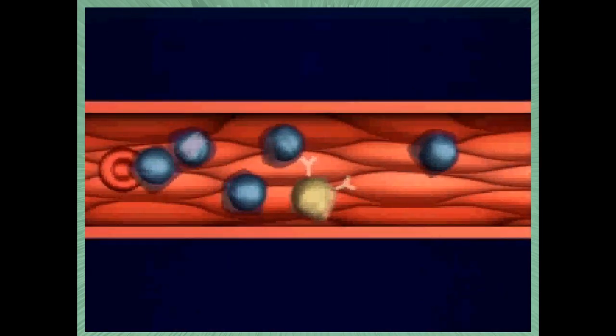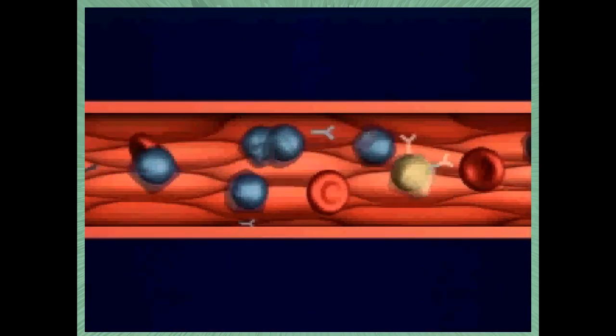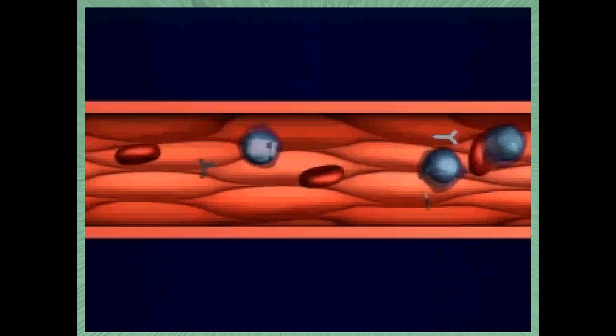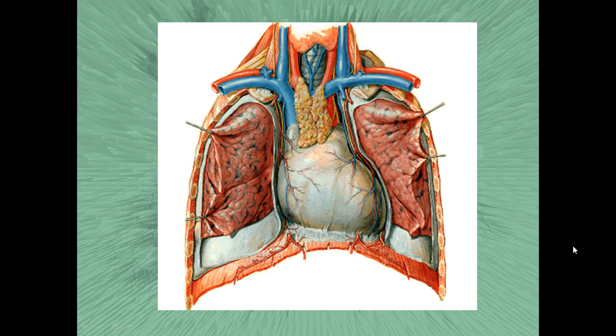And the second mechanism, the humoral immunity, is produced by the B cells through the production of the immunoglobulins. Humoral means in the fluid, because these immunoglobulins are in circulation inside the blood and lymph of our body.